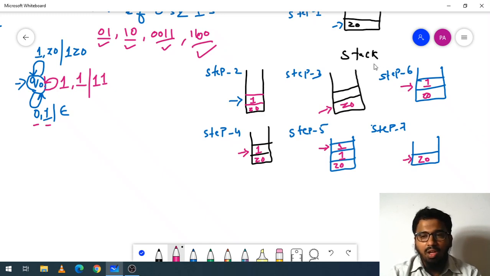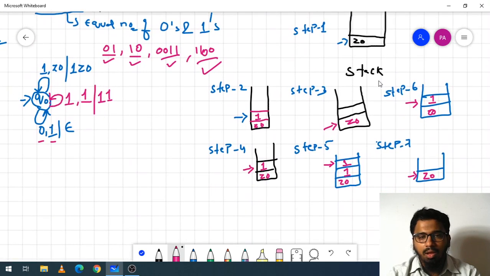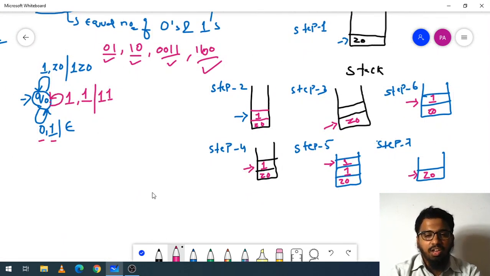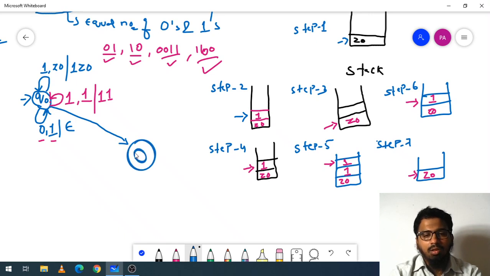Now if we have the epsilon, you can take a final state. Consider here Q1 is a final state. When epsilon comma, what is at the top of the stack?